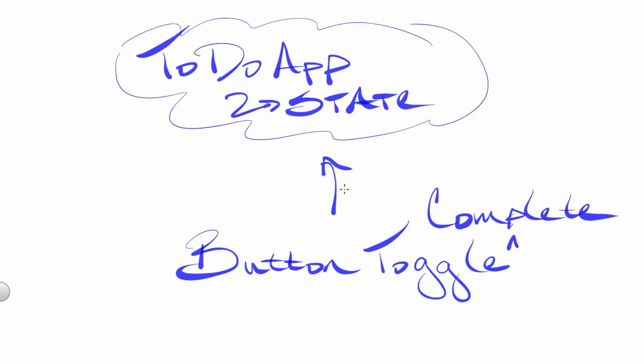So there's essentially, call it glue code, to help us communicate an event that occurs down here in the button, all the way up to the app where the state lives. So let's go ahead and begin that task. Let's start here at the bottom. We'll kind of work our way back and forth and get these two talking to each other.